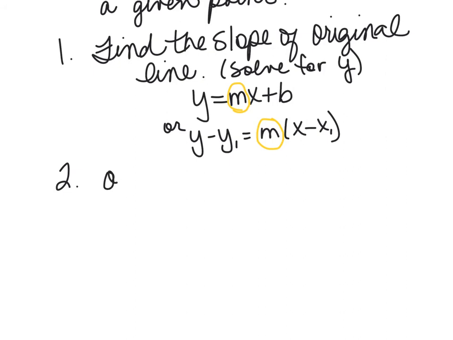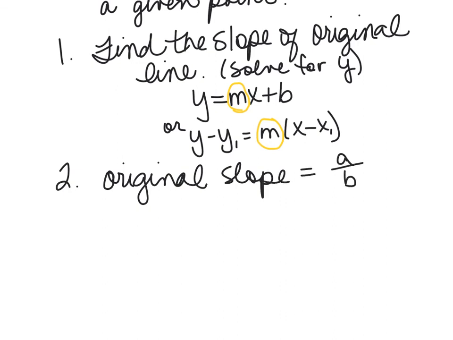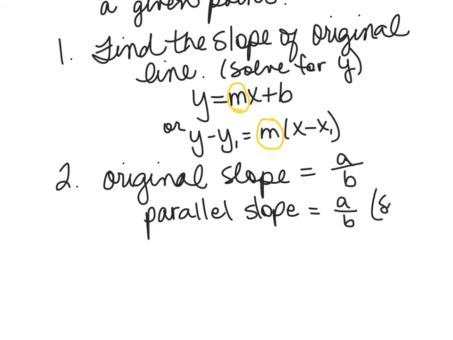Okay, so the next step is, say your original slope is A over B, okay? So if you want to write a parallel line, the slope would be the same thing. So we would write A over B, it's the same. Okay, if you want a perpendicular line, what would the slope of it be?